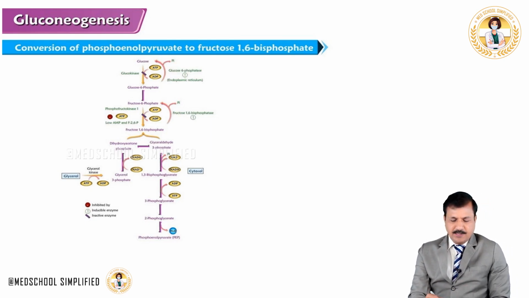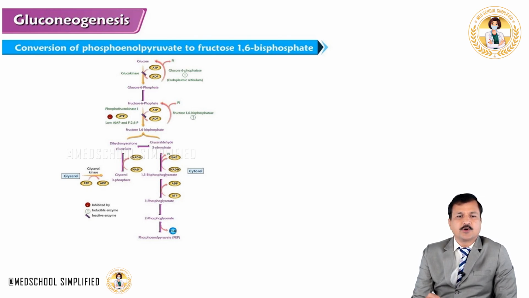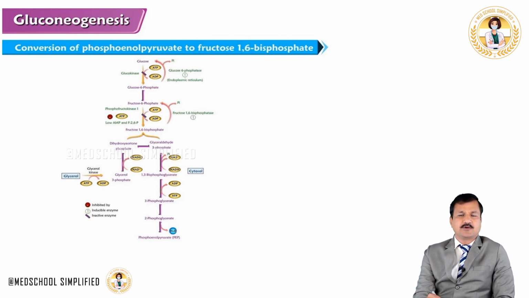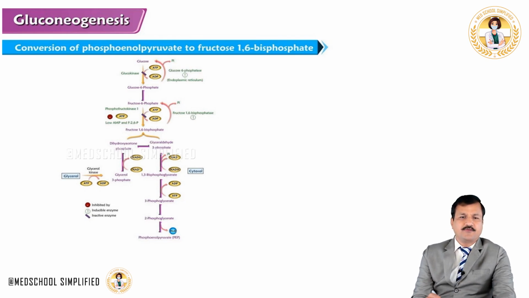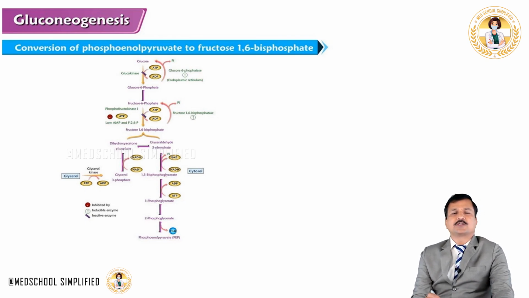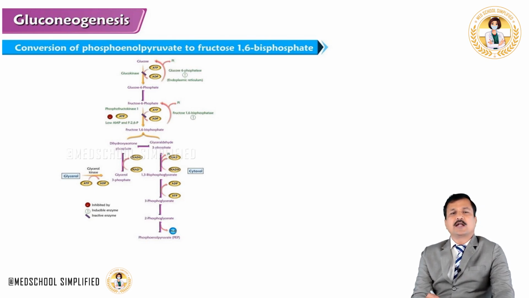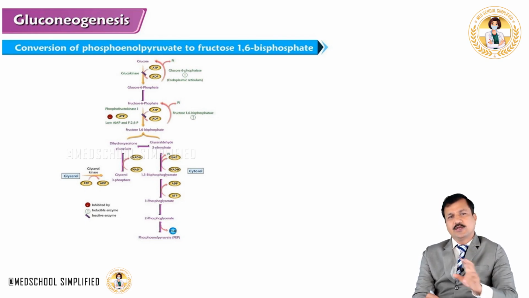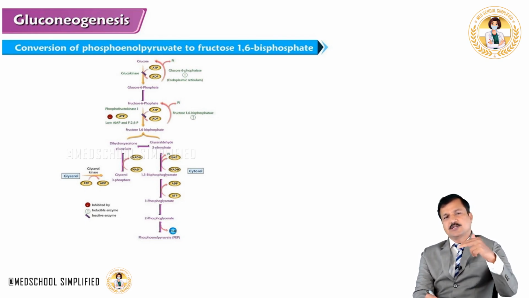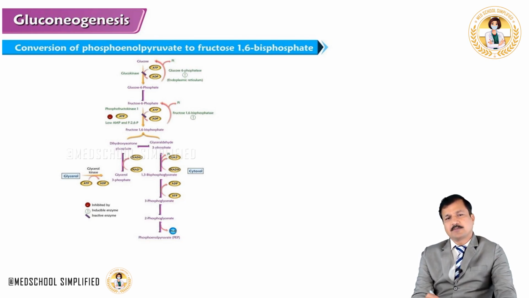Now the phosphoenol pyruvate is reversed into 2-phosphoglycerate by the same enzyme that was used in glycolysis. 2-phosphoglycerate is converted to 3-phosphoglycerate, and 3-phosphoglycerate into 1,3-bisphosphoglycerate by using ATPs. Note that 2 molecules of lactate, 2 molecules of alanine go into 1 glucose molecule. So that means these reactions need to run 2 times to go towards the glucose. That means wherever ATPs are entering in, you need to count them as 2.